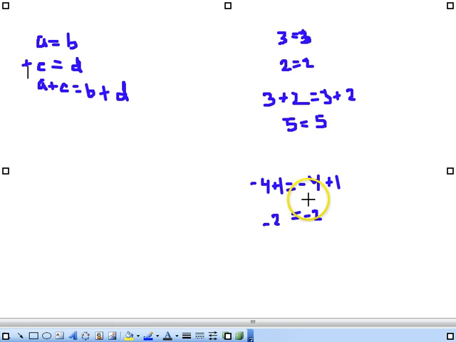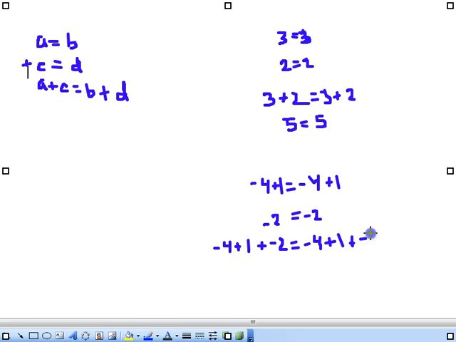Negative 4 plus 1 is equal to negative 4 plus 1, and negative 2 is equal to negative 2. So then we come down here and we have negative 4 plus 1 plus a negative 2 is equal to negative 4 plus 1 plus a negative 2.